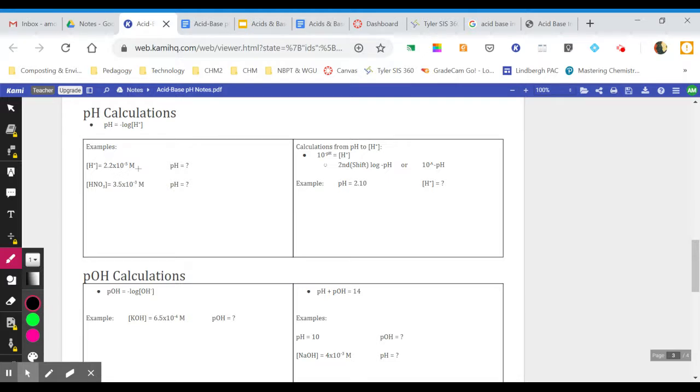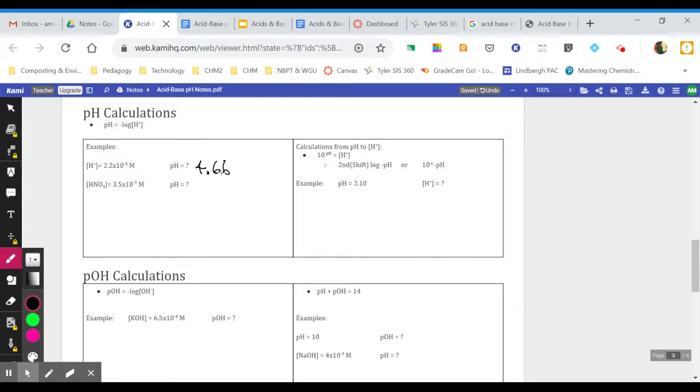When I do this in my calculator, I end up with a pH of 4.66. And we'll stick to either having 1 or 2 decimal places for our pHs because that'll keep us consistent. The significant figures actually get a little weird here. So just go ahead and do 1 or 2 decimal places and you'll be fine.